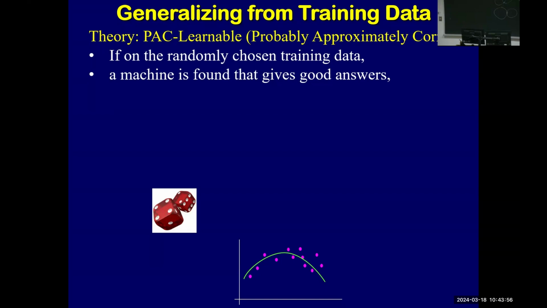here's my data, right? And I do this, right? Did I capture the data? Well, I went through each point, right? So I absolutely fit the training data. But you might say I overfit, right?